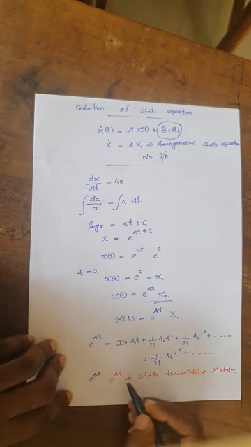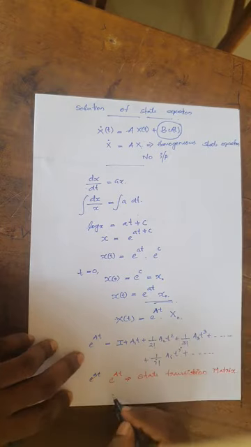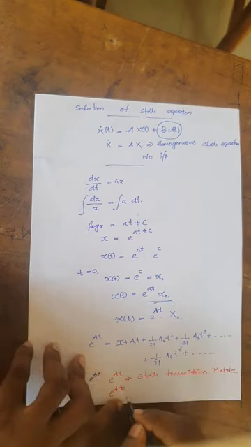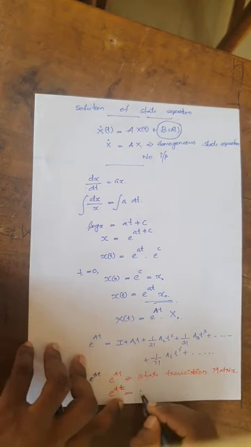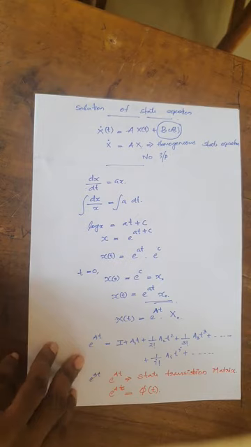This e raised to At, the state transition matrix, is also denoted as phi of t.